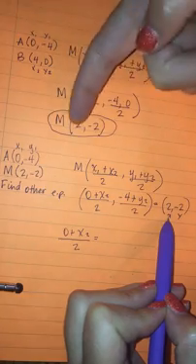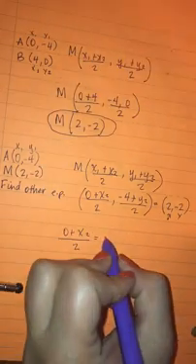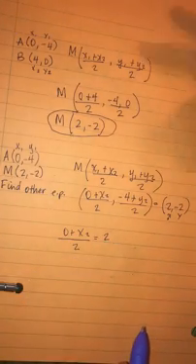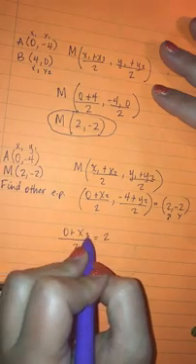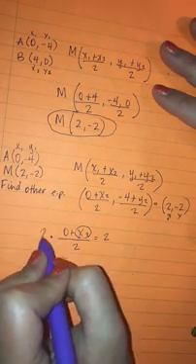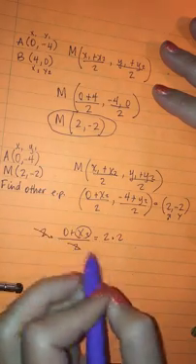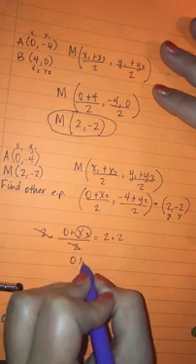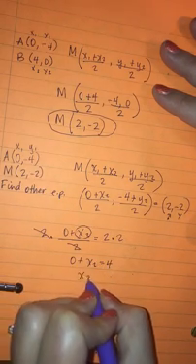We get the x coordinate and the y coordinate by doing this formula. So I'm going to set this equal to 2 because that was the x coordinate of my midpoint. So the first thing you do to solve, and we're solving for the x2 by the way, you can multiply both sides by 2, which would get rid of that. And you get that 0 plus x2 is equal to 4. So obviously x2 is going to be equal to 4.